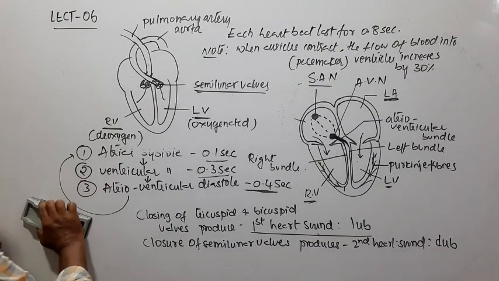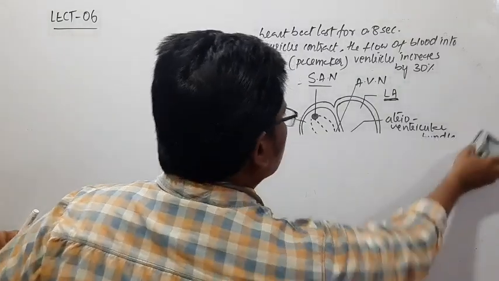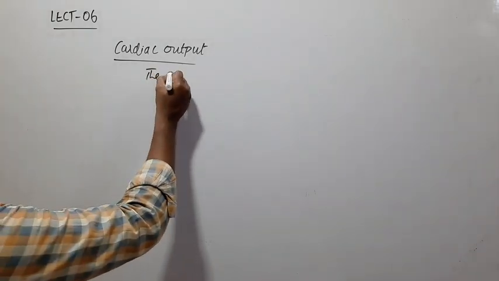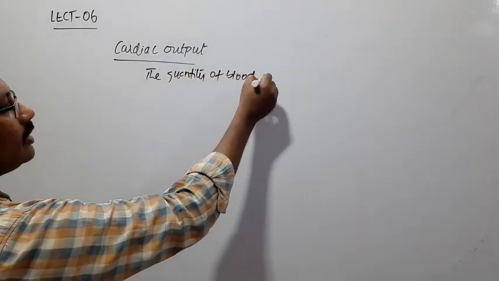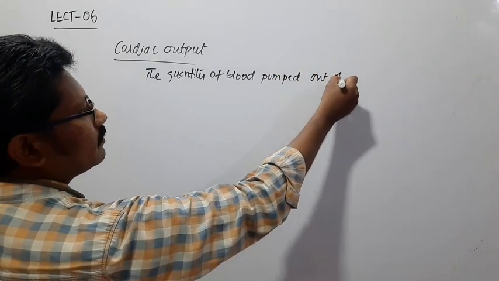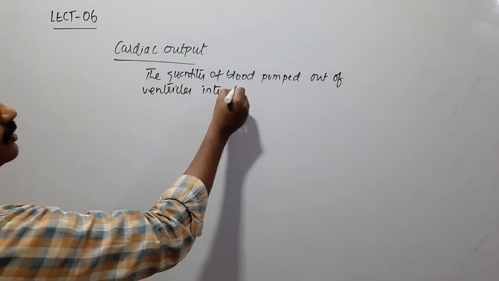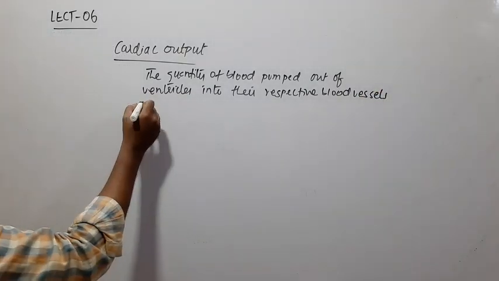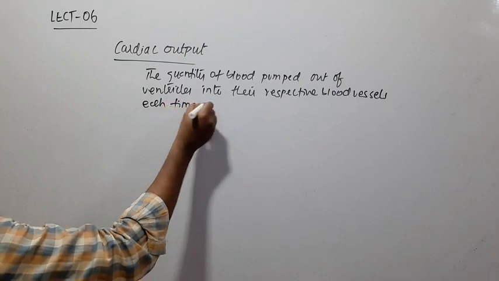So now let's talk about the cardiac output. The cardiac output is the quantity of blood pumped out of the left ventricle into the dorsal aorta, and at the same time the right ventricle into the pulmonary artery, each time on the contraction.